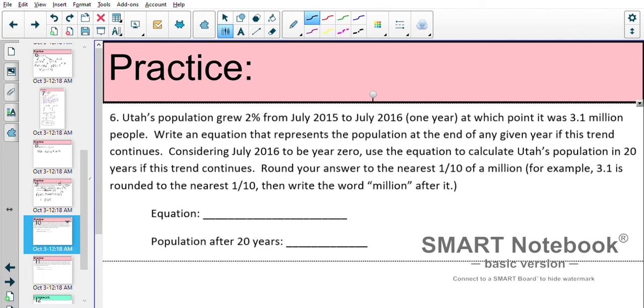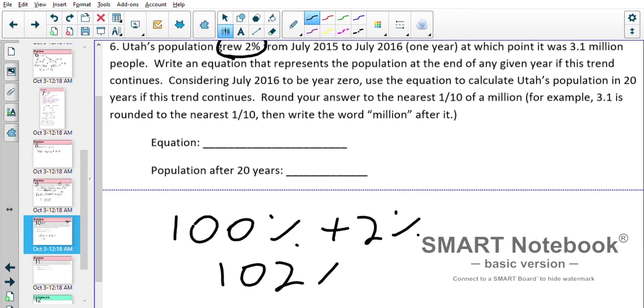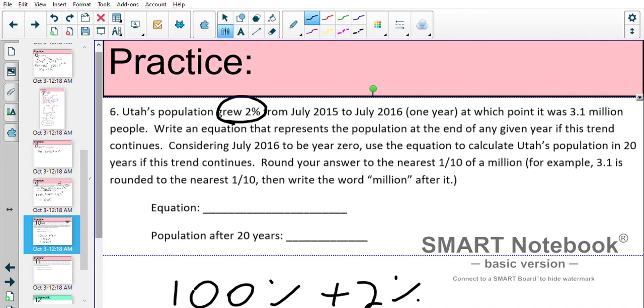We see Utah's population grew 2%. So again, like last time, we start at 100%. If we grow 2%, that puts us at 102%. Written as a decimal, that's 1.02, so that will be our multiple. Our initial amount right here is our population currently, which was listed as 3.1 million.